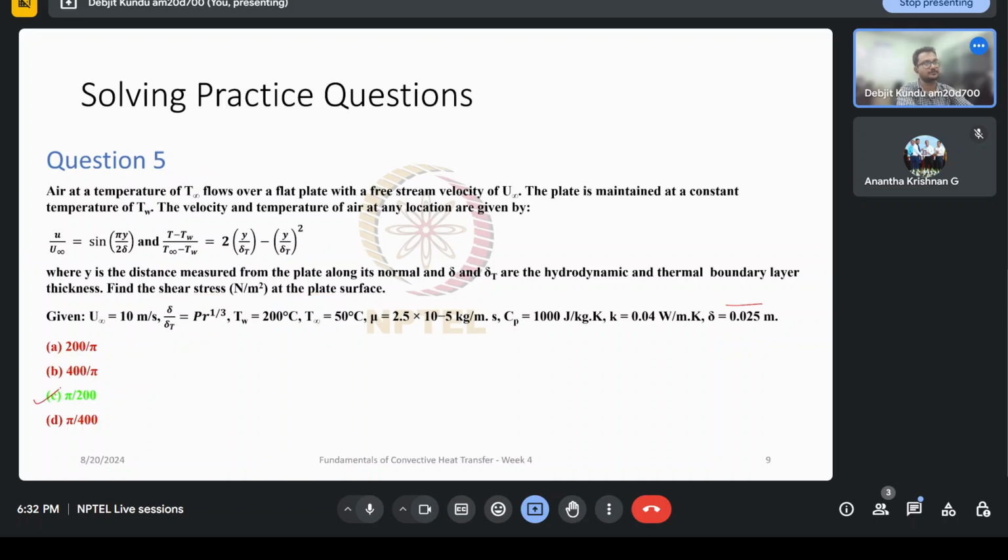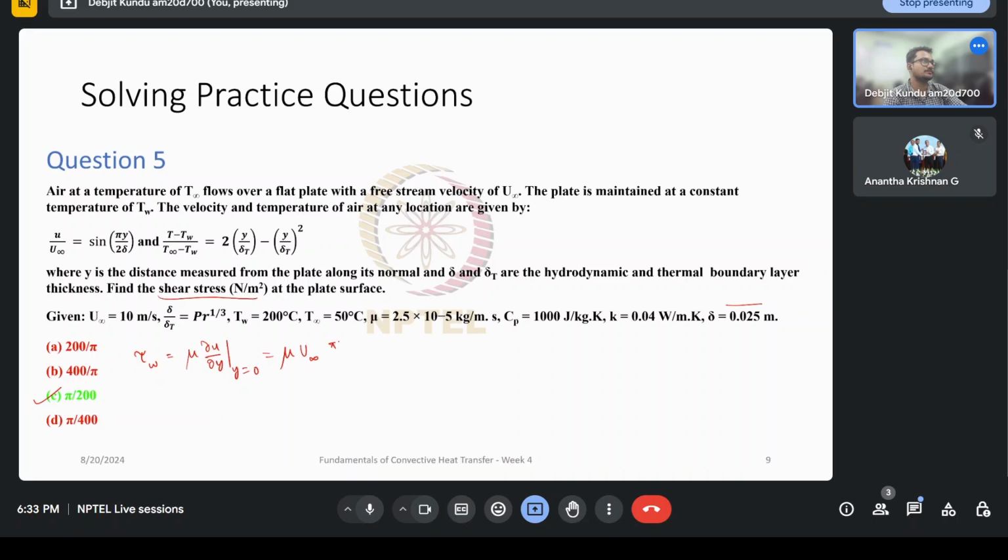It is in fact pi by 200. Good. So how do we get there? Finding the shear stress should not be much of a problem because it's just tau w equal to mu into dou u dou y at y equal to 0. And we already know what u is. So I have mu into u infinity, and then we need to take the derivative of sine of pi y by 2 delta with respect to y.